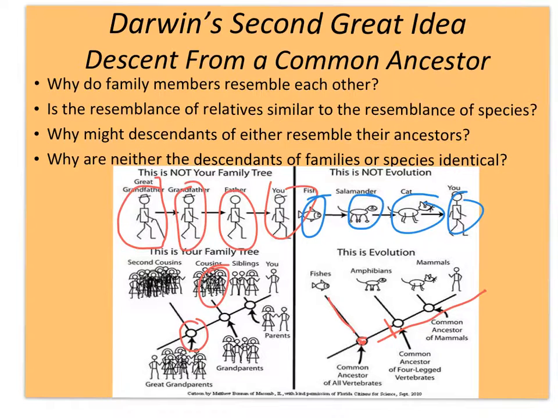Okay, and then a cat is a mammal. So right here, there was an ancestor that we shared that led to mammals, and also, since we're a mammal, also led to what? One of us. Okay, so it's very similar.